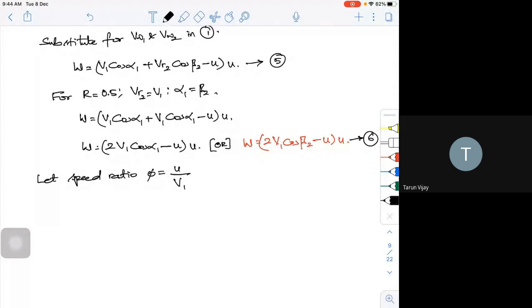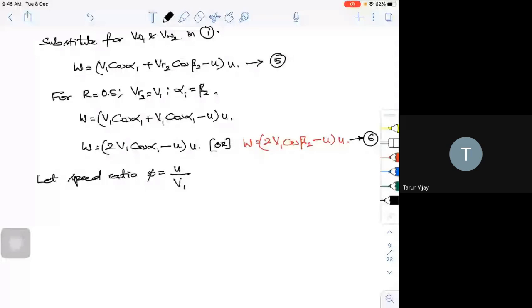What is that? V1. So U by V1 is called phi. I'm going to write phi is equal to U by V1.